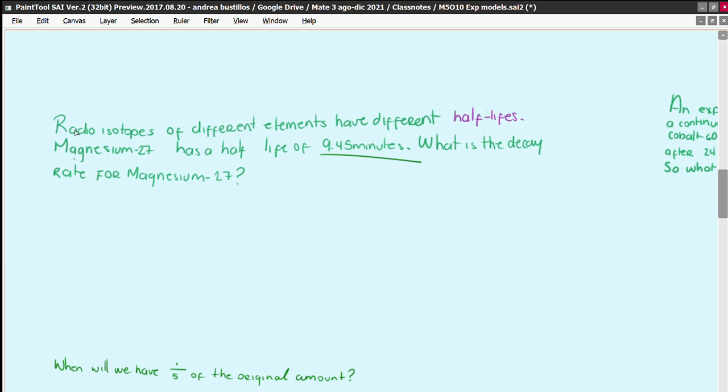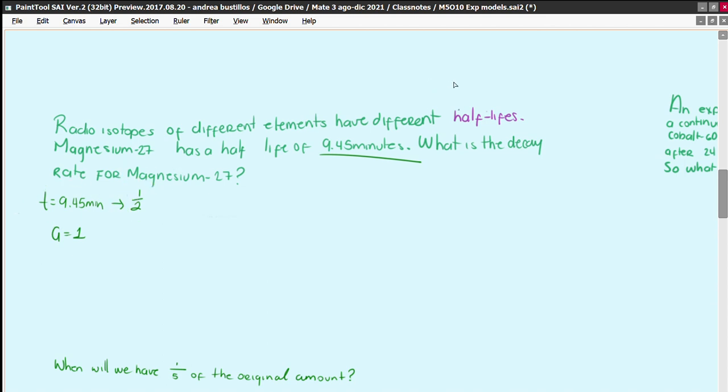So what this problem is telling me is that after 9.45 minutes, I have 1/2 of the original amount of magnesium 27. Notice that it is not specifying an amount for magnesium, meaning that we can think of the original amount as 1. If I have 1 gram of magnesium, after 9.45 minutes, I will have half of it.